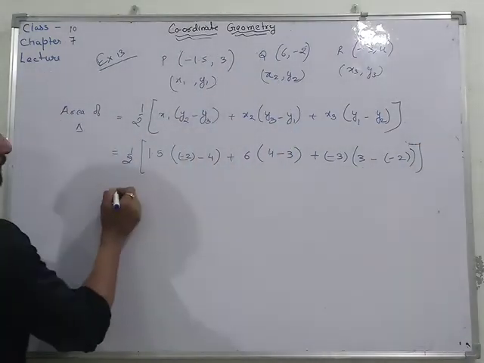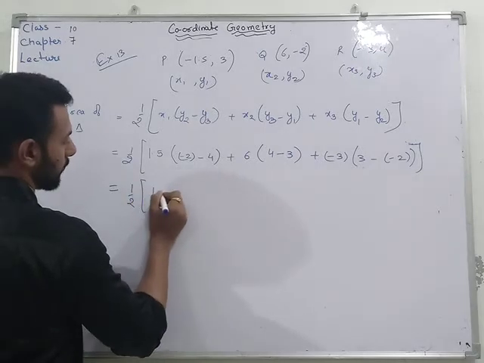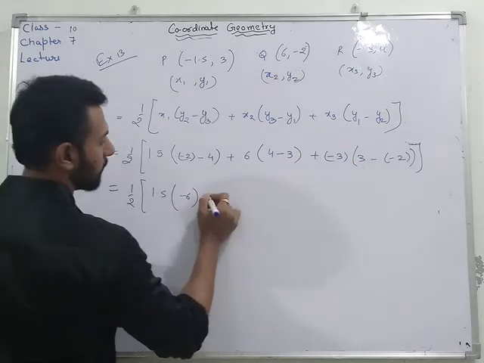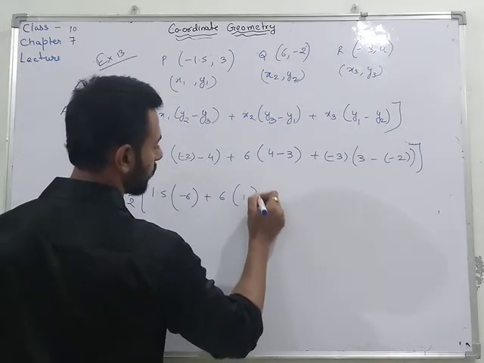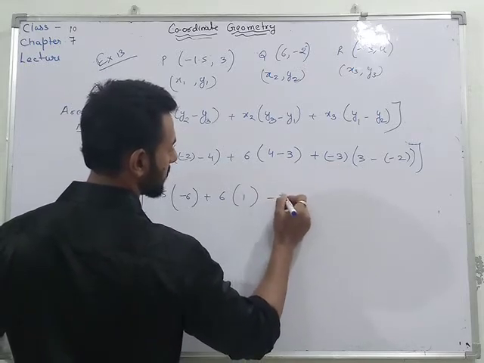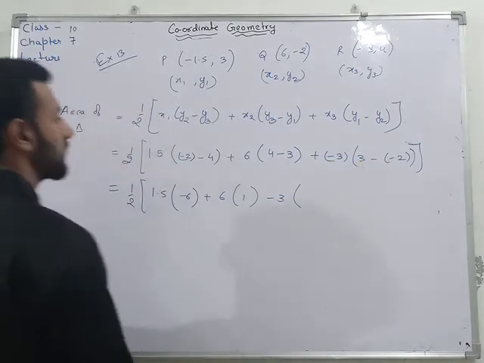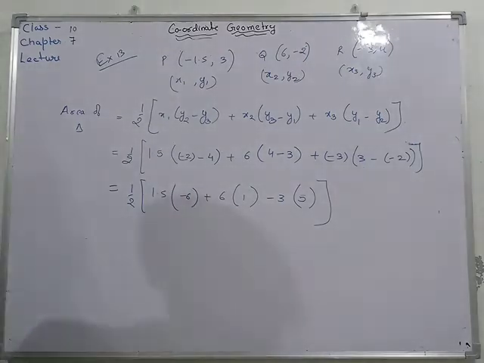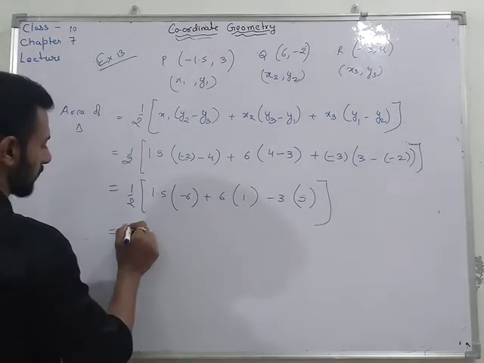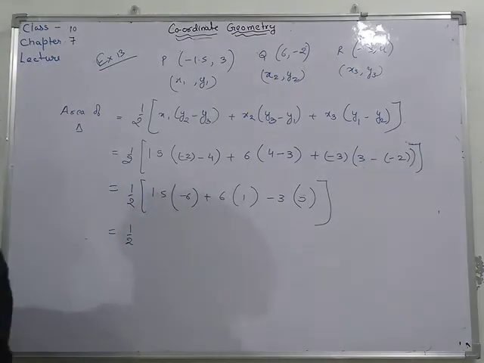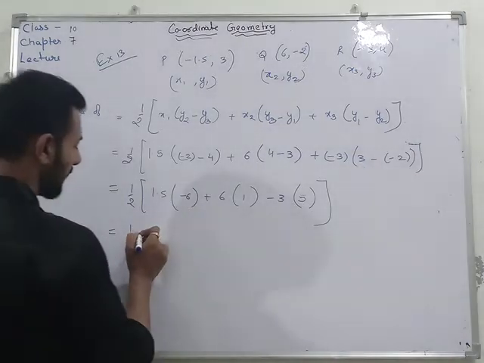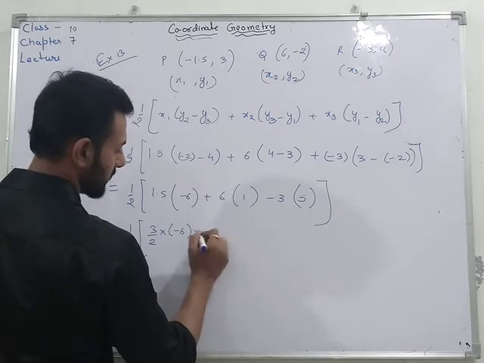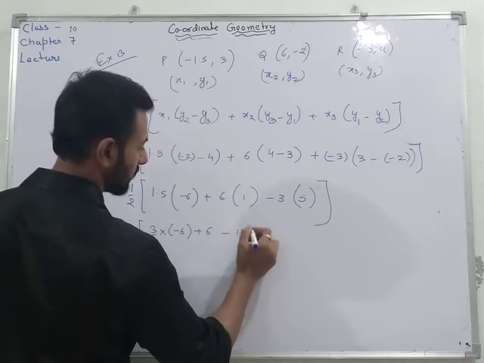Now solving this, it will be 1 by 2 into 1.5 into minus 2 minus 4, which is minus 6, plus 6 into 4 minus 3, which is 1, plus minus 3 into 3 minus of minus 2, which is 3 plus 2, 5. We get 5. Now solving this, 1.5 can be written as 3 by 2. 3 by 2 into minus 6 plus 6 minus 3 into 5, which is 15.